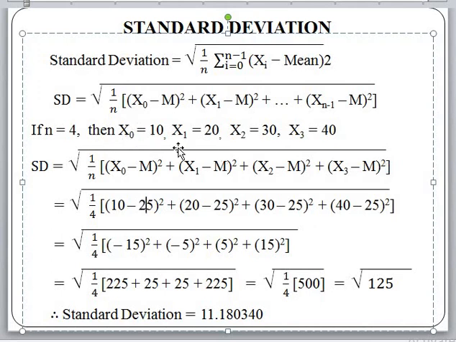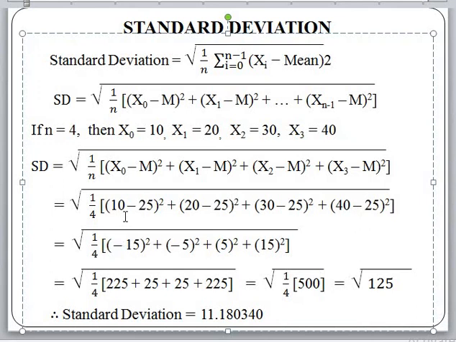This summation is multiplied by 1 by n, that means altogether this summation is divided by n, and then we have to find its square root.